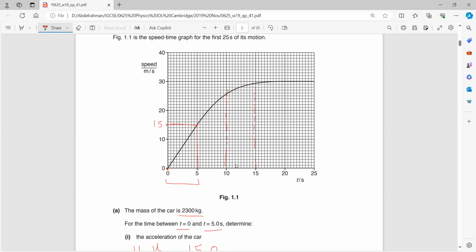ليه؟ How do you know؟ تالت درجة بقى. How do you know that the acceleration is decreasing؟ Speed is increasing at a slower rate, and that's the definition of decreasing acceleration.